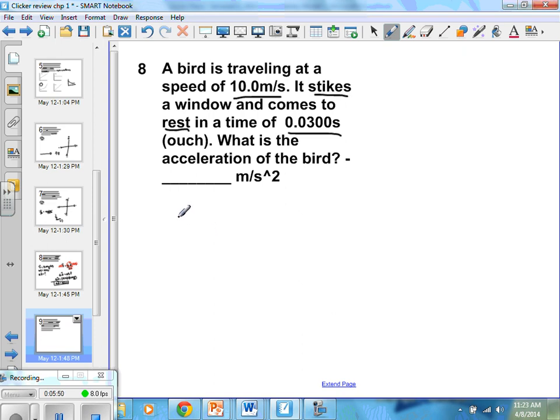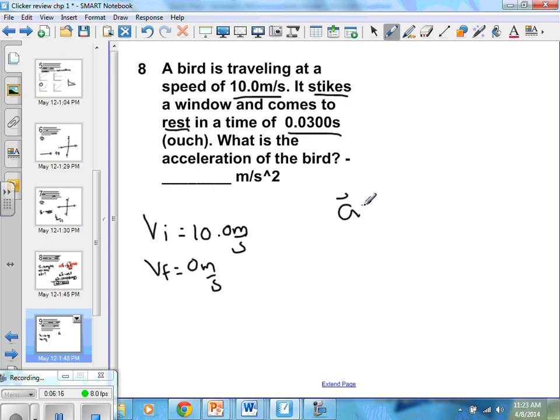This is non-uniform motion, so we're probably dealing with acceleration. The initial speed that this bird is traveling at is 10 meters per second. The final speed, remember anytime you see the word stop or at rest or anything like this, means that it is at a speed or velocity of 0.